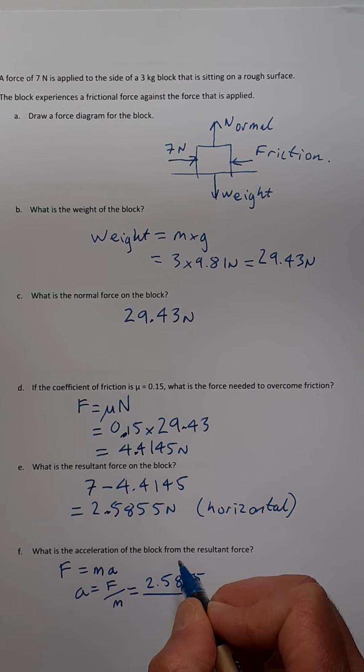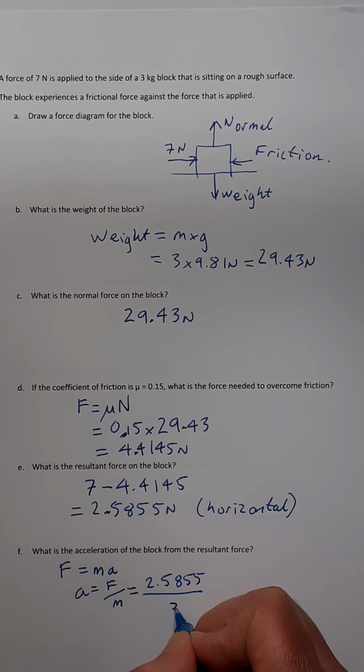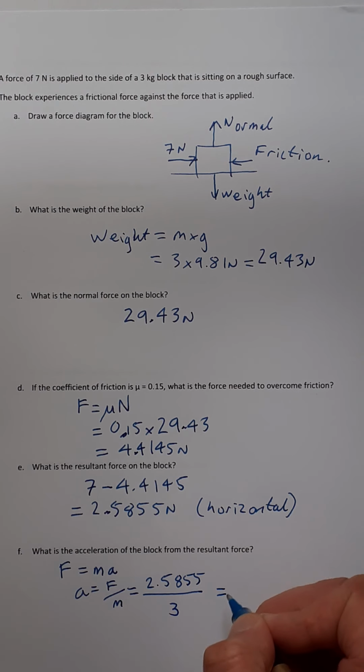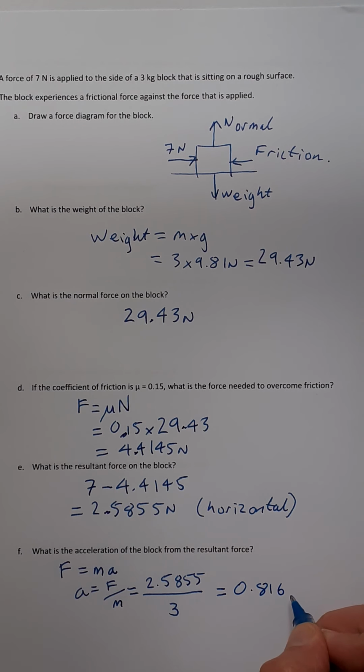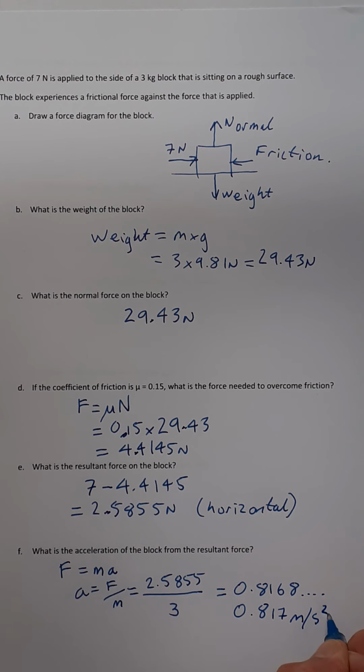When I divide that by the mass of the block from right at the top of the question, divided by 3, that's going to come out as 0.8168... and round that off to 0.817 meters per second squared.